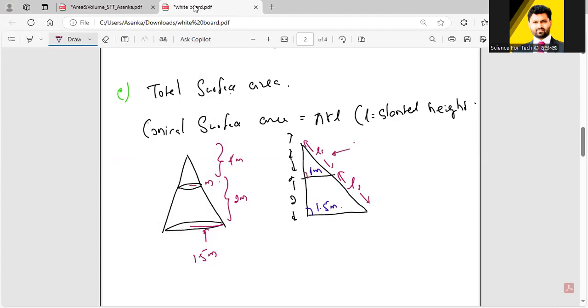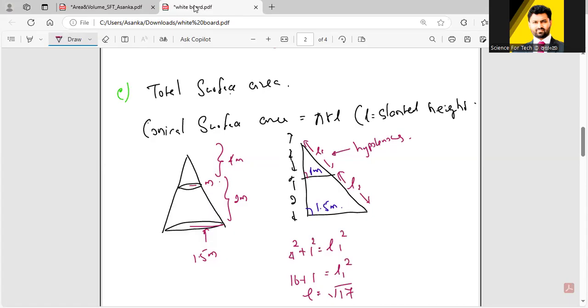You should know this is the hypotenuse. Then I write 4 squared plus 1 squared equals L1 squared. That is 16 plus 1 equals L1 squared. L equals square root of 17.